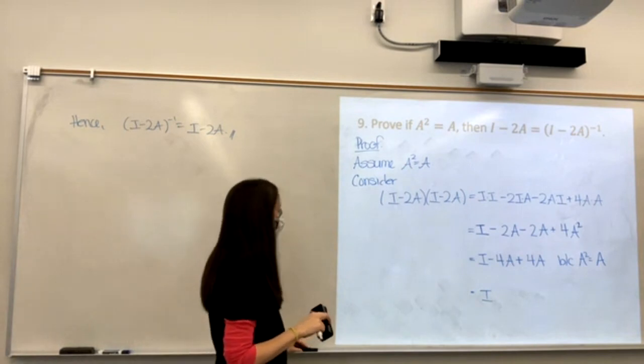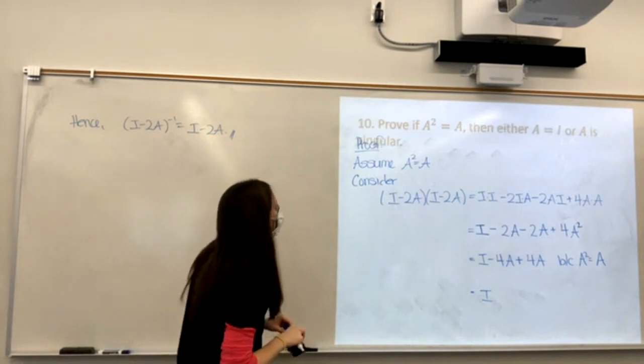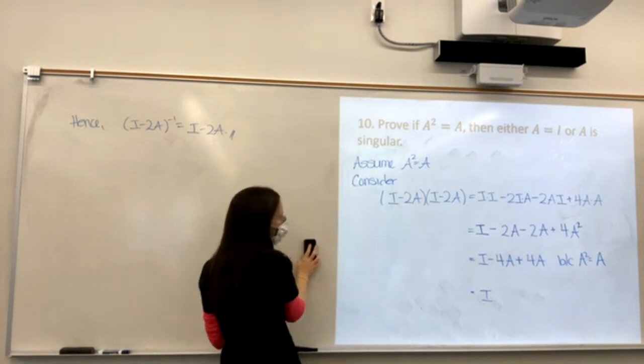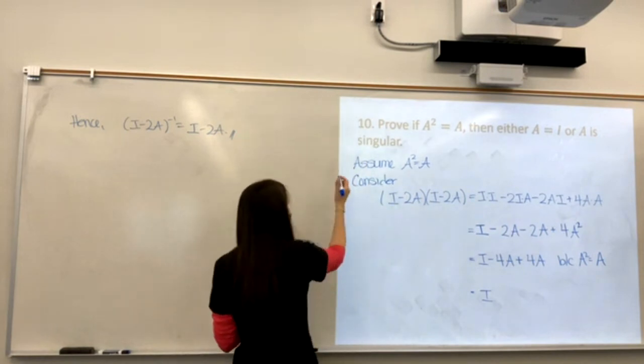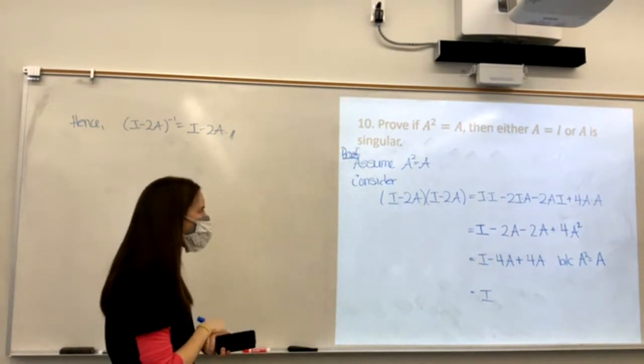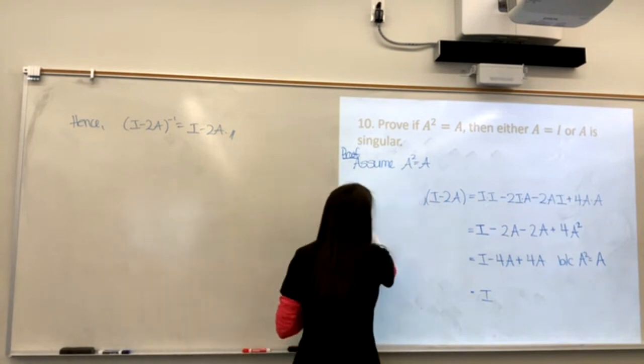All right, one more like this. Prove that if A squared equals A, then either A is the identity or A is singular.